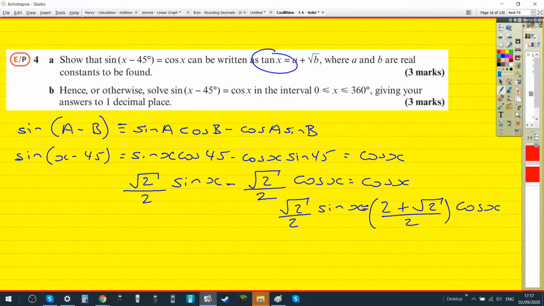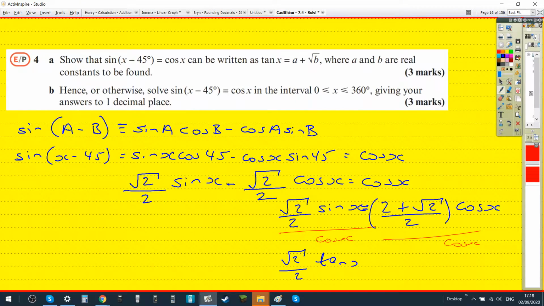You're trying to get tan x. Divide both sides by cos. Yes. You could have done that a while ago. But okay. So now we have root 2 over 2 tan x is equal to 2 plus root 2 over 2.